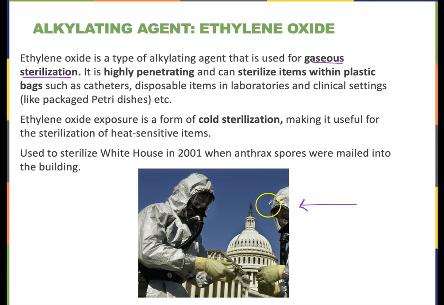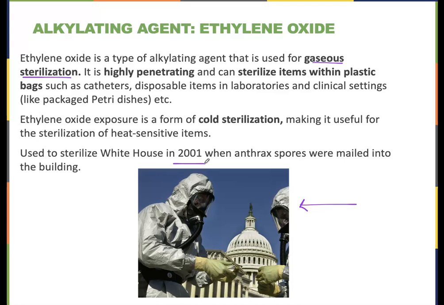In 2001, there was a rash of anthrax spores being sent through the mail to Congress and the White House. One time it got through, and everybody had to evacuate the White House, and they had to come in and make sure every single anthrax spore was removed. You're talking about offices, drawers, files, everything in there had to be sterilized. So they used that gas.